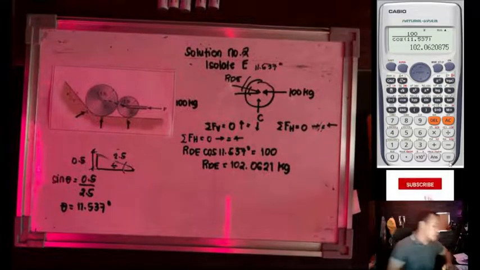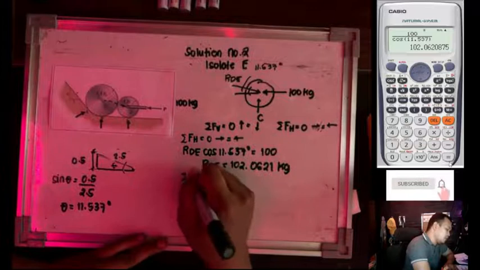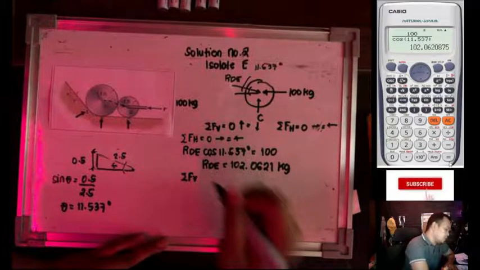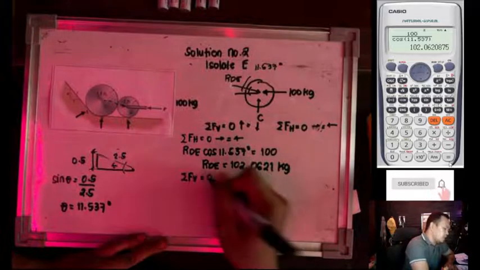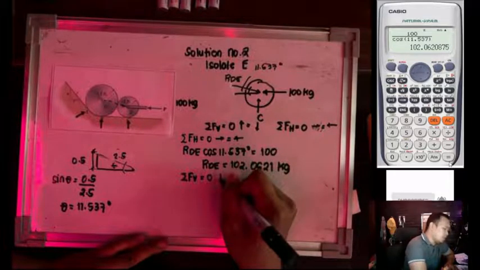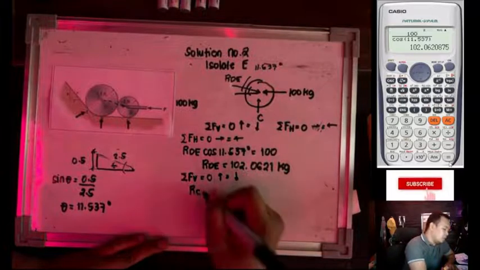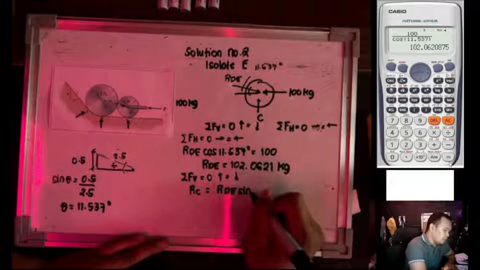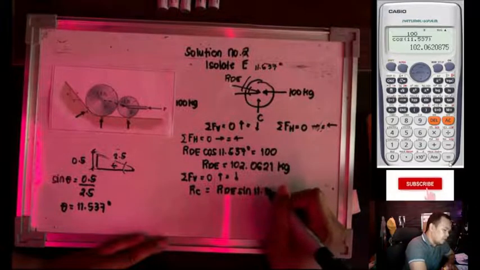Okay? Now, summation of forces vertical so we can get the reaction at C. Summation of forces vertical is equal to 0, up is equivalent to down. So we have a reaction at C going up, and what is going down is RDE sine 11.537 degrees.